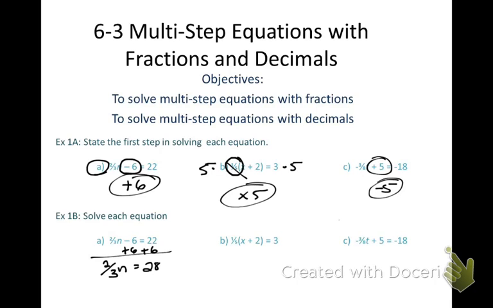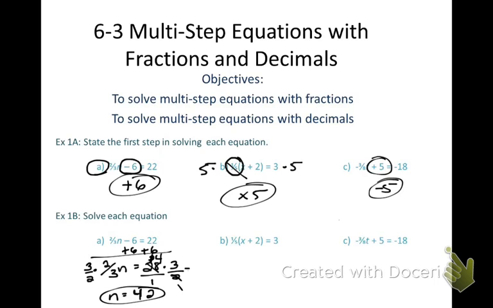How do I get rid of 2/3? I'm going to multiply by what? The reciprocal, which the reciprocal of 2/3 is? 3 over 2. Okay, so n equals 42.